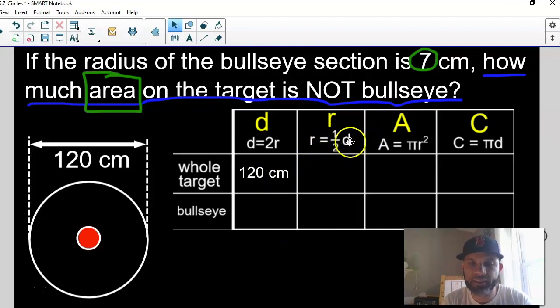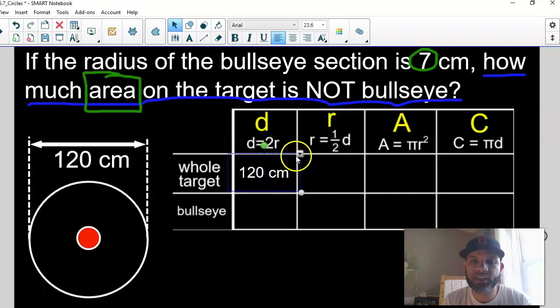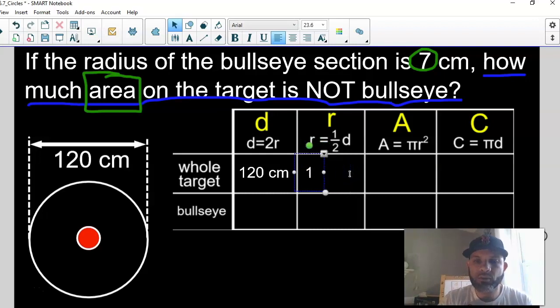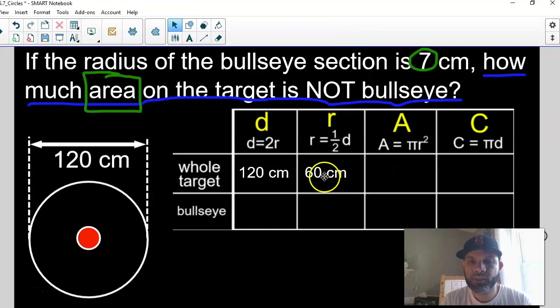In other words, it's 120 divided by 2. What is 120 divided by 2? Well, if you get your calculator out, you'll see that 120, the diameter, divided by 2 equals 60. So it's 60 centimeters.